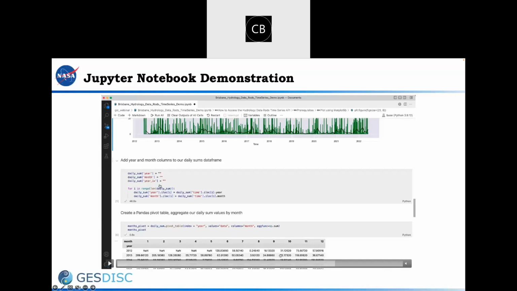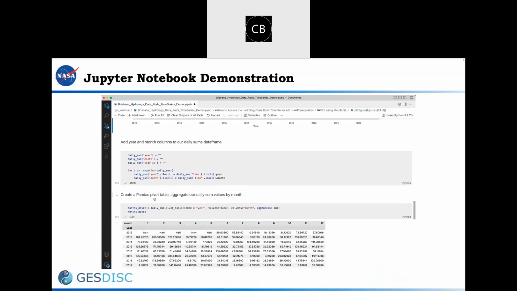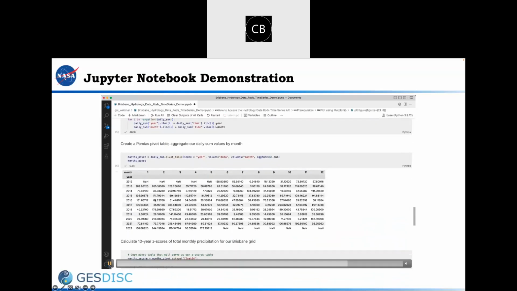I can add a year and a month column to those to allow us to subset those and aggregate those on different timescales. And then what I can do, similar to what you would do in Microsoft Excel, is create a pivot table where I aggregate those daily sum values by month. And I can wind up with a pivot table that looks like this.